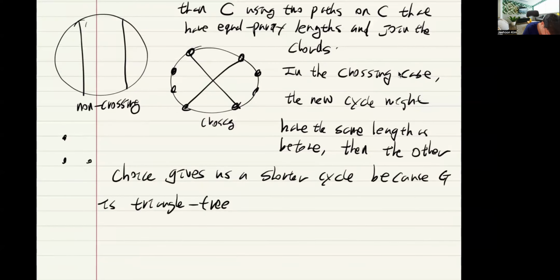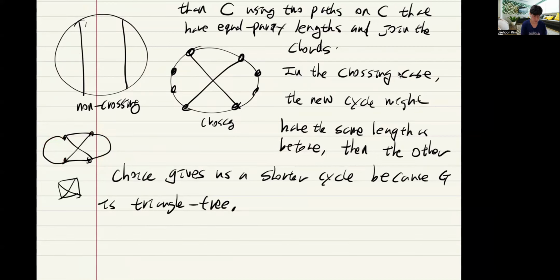If this is just an edge, this is just an edge, then this cycle is shorter than the other cycle. So what I mean is that if this is not shorter than the other cycle, then the other cycle must have length 4, meaning that this is length 1. In that case, this is K4, which contains a triangle.